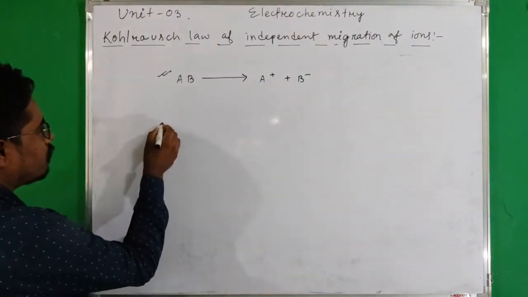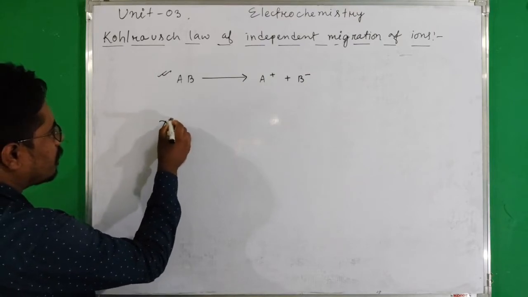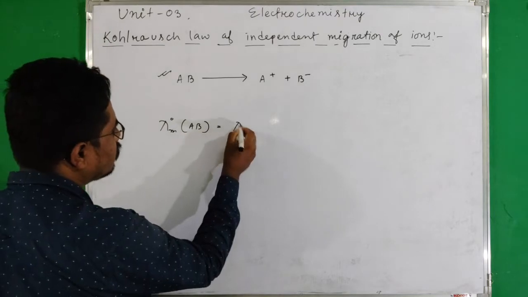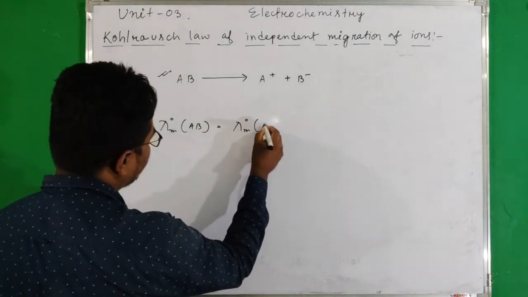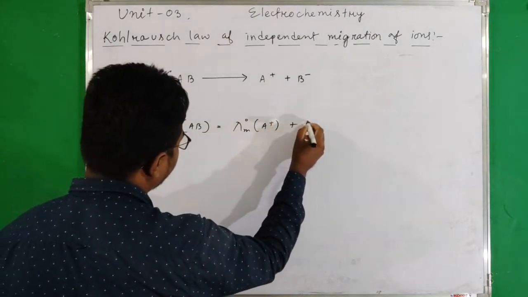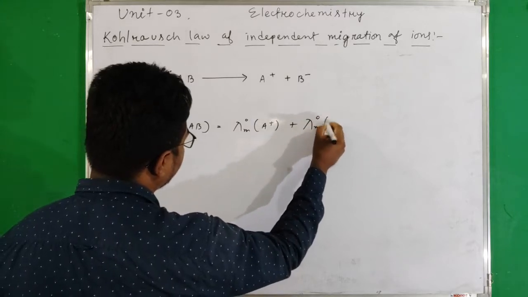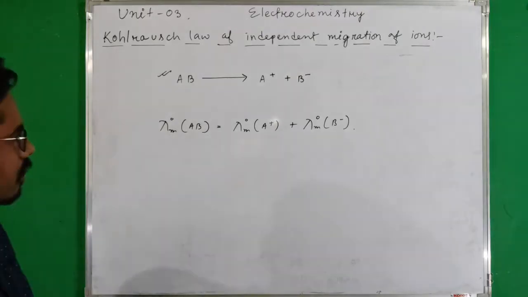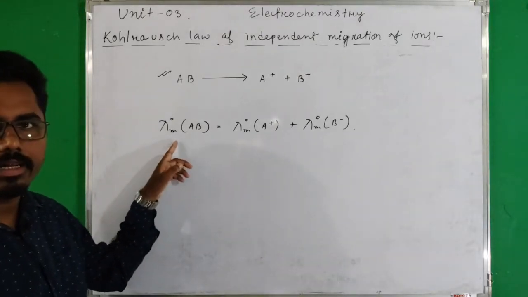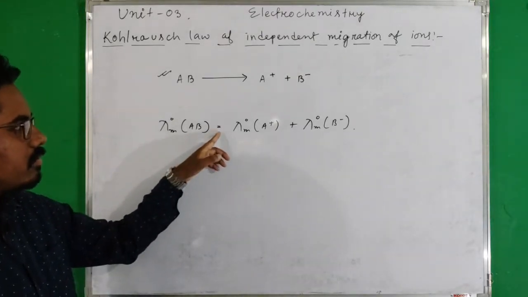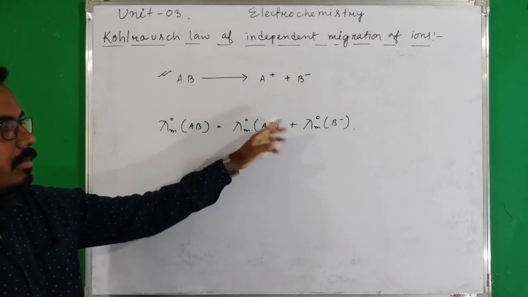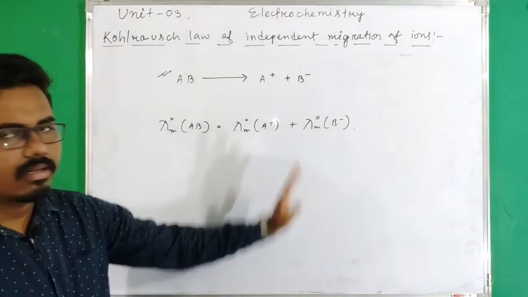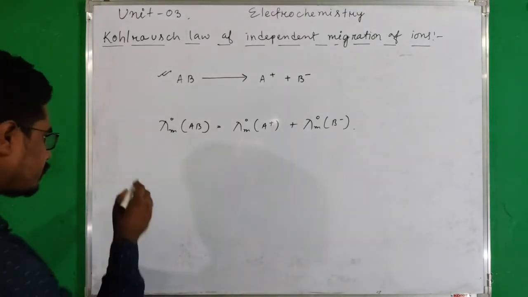Then according to Kohlrausch's law, lambda m naught for AB is equal to lambda m naught for A positive plus lambda m naught for B negative.